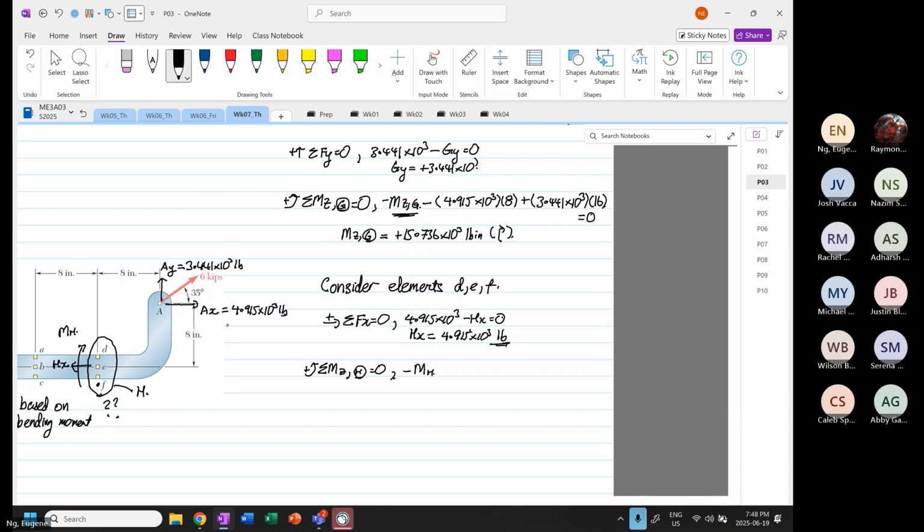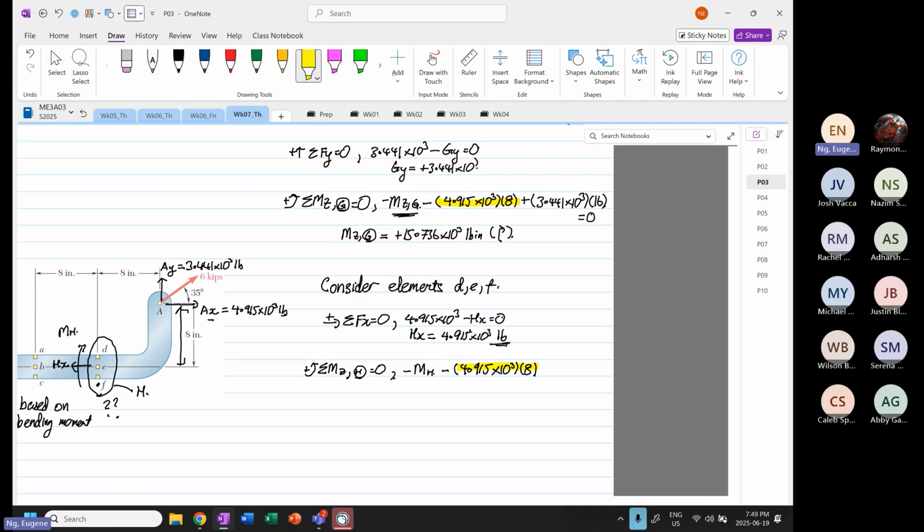Okay. The AX, the 4.915, is going to generate a clockwise direction. So minus, right, 4.915 times 10 to the power 3, and is to the what? Because AX is parallel to the centroid, that's why you take this perpendicular distance. So what I want you all to see is this value and this value still the same.